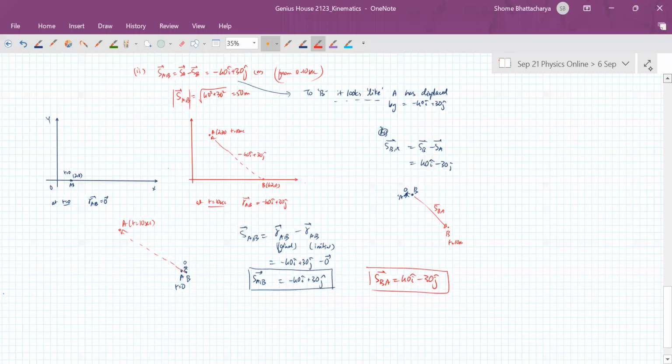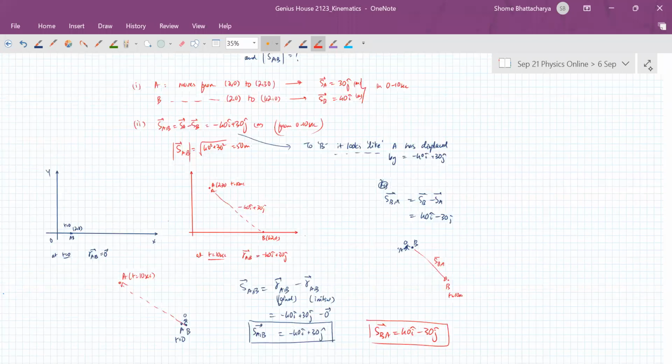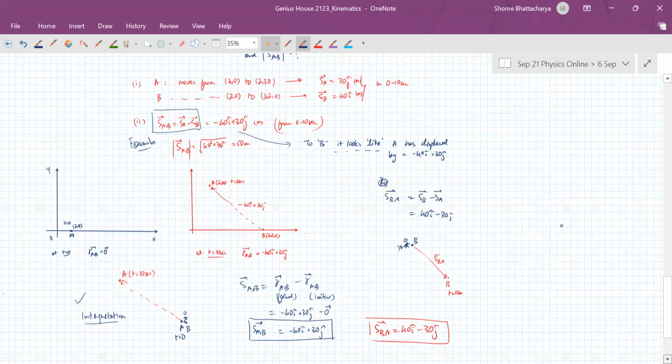Okay, so what I want is, it should be clear to you both from the formula method, how we have actually calculated SAB or SBA by using this formula here, and also in terms of interpretation. Here we are able to visualize it because it's quite a simple situation, even though it's two-dimensional, so it's not as simple as 1D.